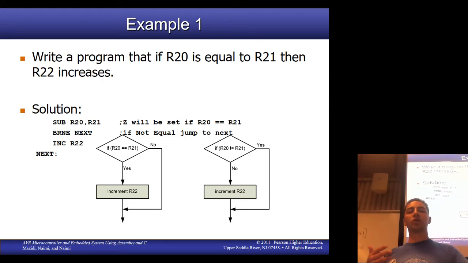So we say subtract R20 from R21, which implies that there is some order.